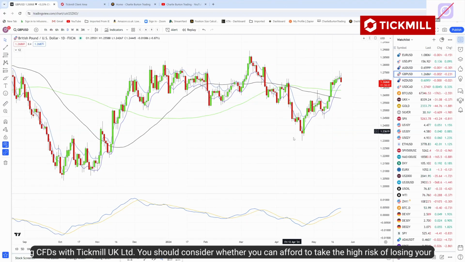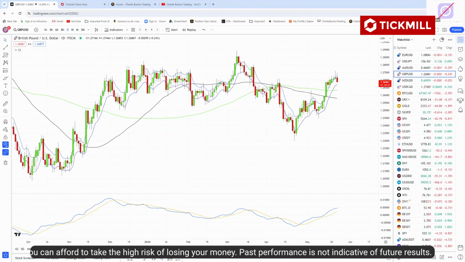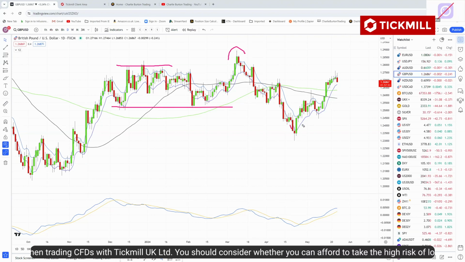Let's see if I can remember it. Oh, yes, of course. The fake out. Yeah. Pound, multiple touches up here, did the fake out up here, came down here, took out all the last lows. What's it been doing since? Coming up. Yes. All right. It's down on the day today, but yeah, exactly. Good stuff.